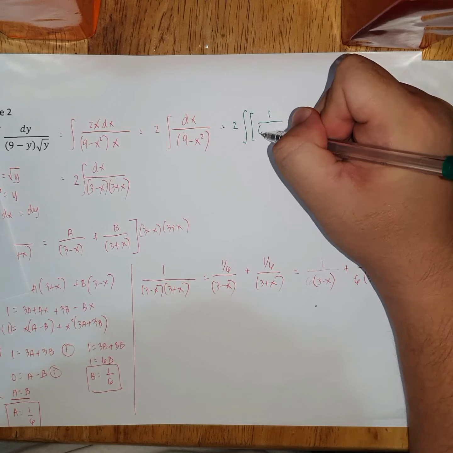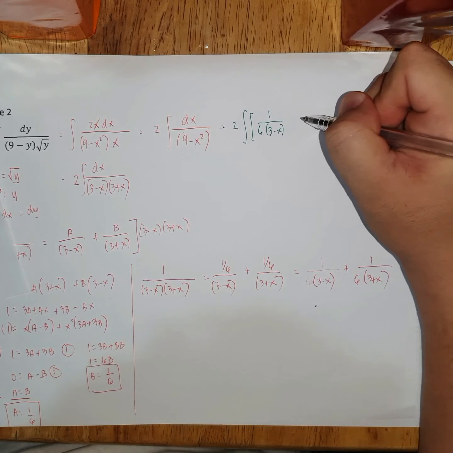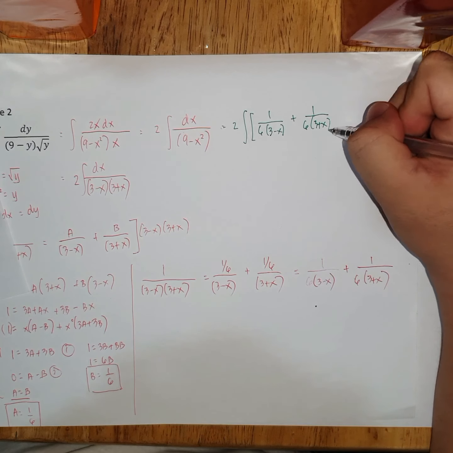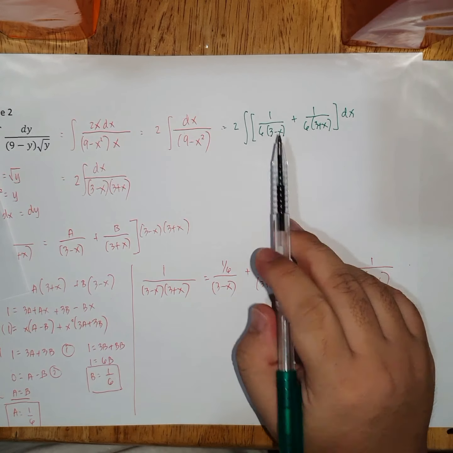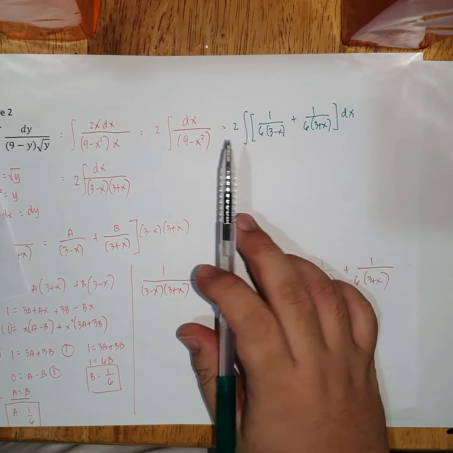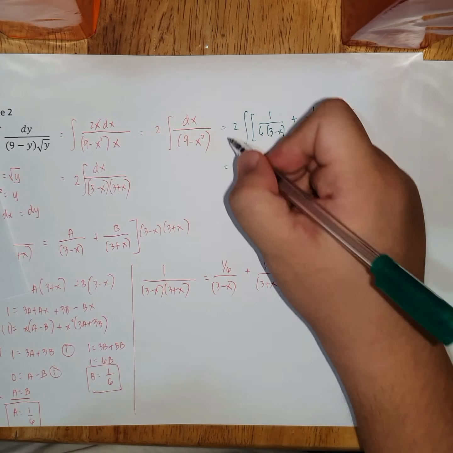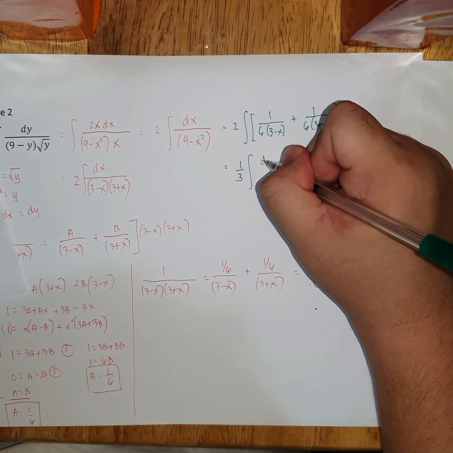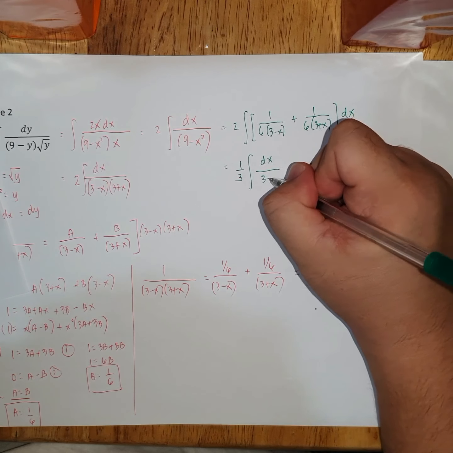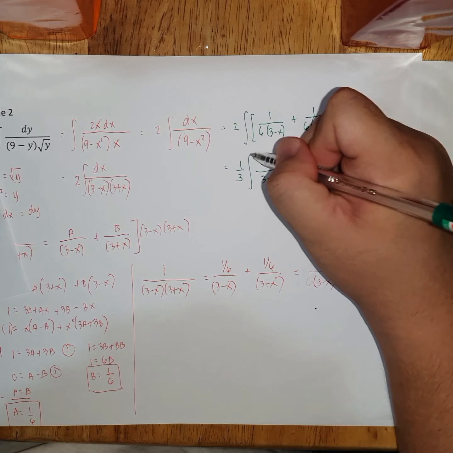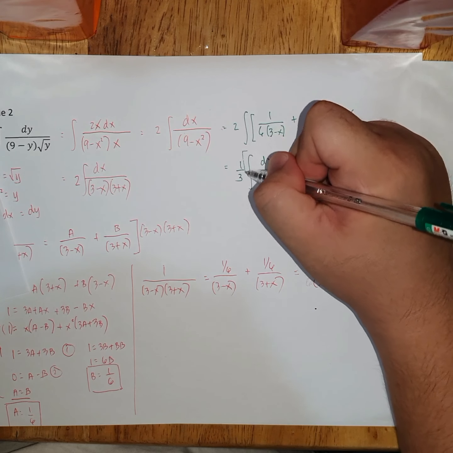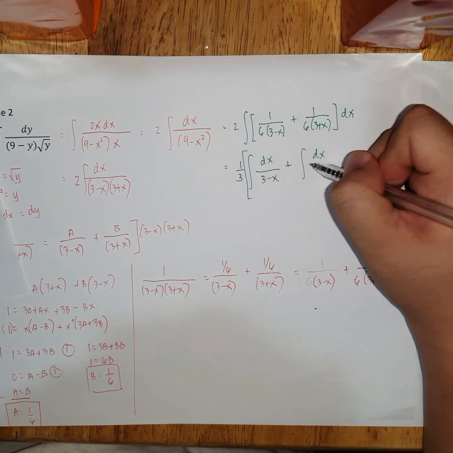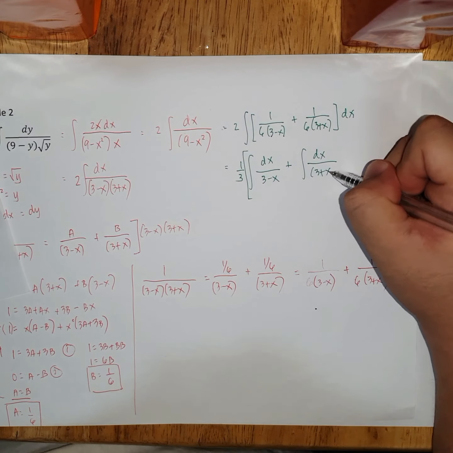The integral of 1 over 6 times 3 minus x plus 1 over 6 times 3 plus x, dx. The 6 is common to both, so we can take out the 6, and this will be 2 over 6, or 1/3. We have dx over 3 minus x plus dx over 3 plus x.